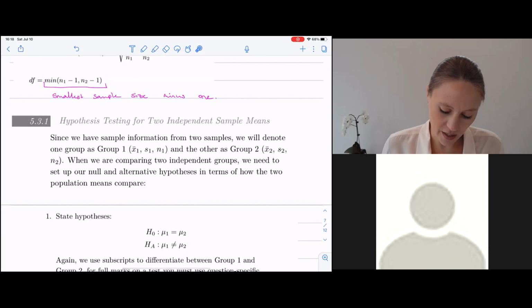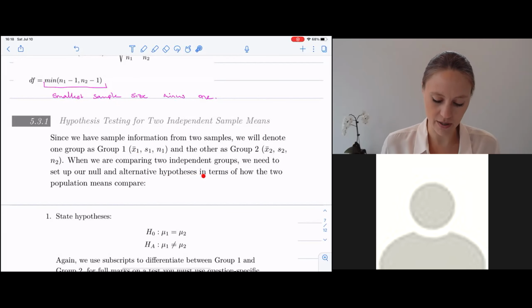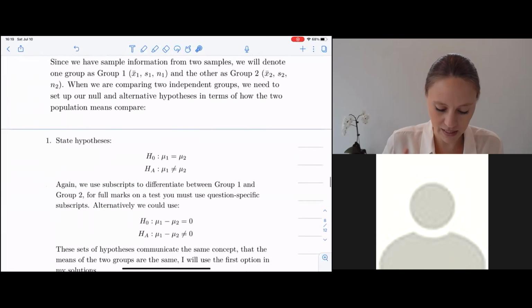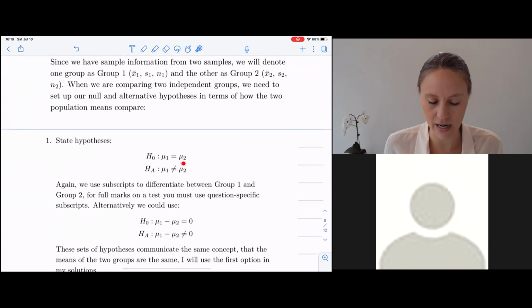We want to set up our null and alternative hypotheses in terms of how the two population means compare. So before we were talking about how does the mean compare to some hypothesized value mu naught. Now, it eliminates the need to find that number because we're really just comparing how does mu1 compare to mu2.